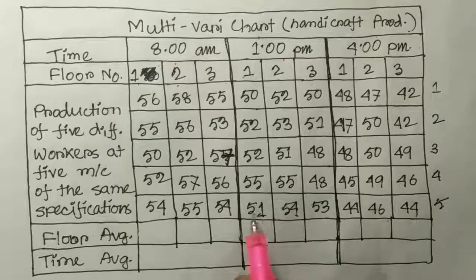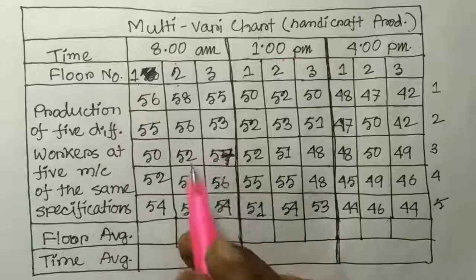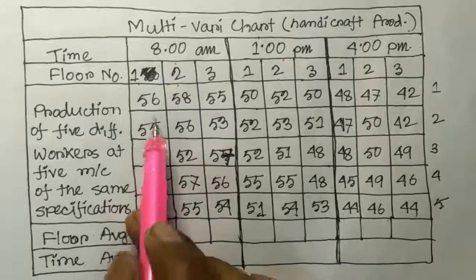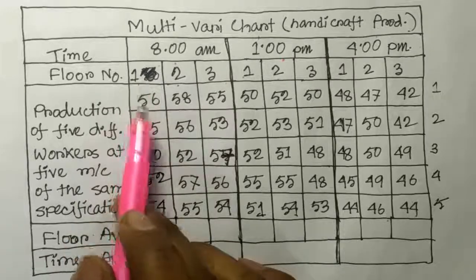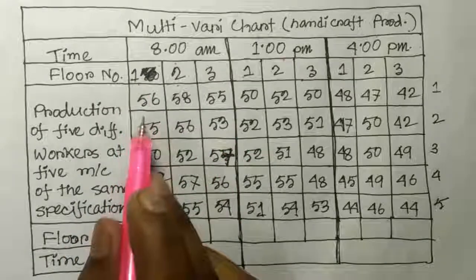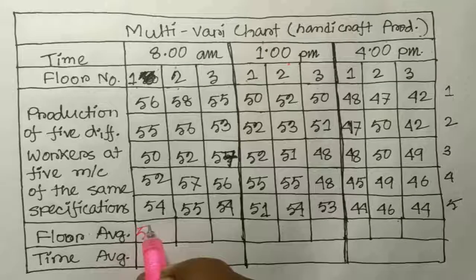First, find the average of floor 1 at 8 AM. The average of the 5 workers' production at 8 AM is 56 plus 55 plus 50 plus 50 plus 52, divided by 5, which equals 53.4.